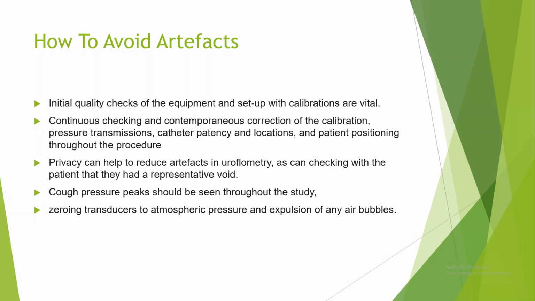Also, we have to see there are no air bubbles in the catheters. Regarding patient positioning, the patient should not repeatedly change position, and there should be no overriding of catheters or transducers. All these things are important in preventing artifacts. Got it?